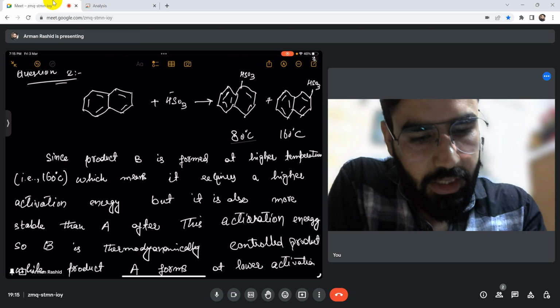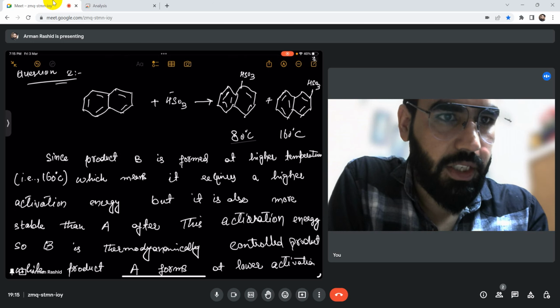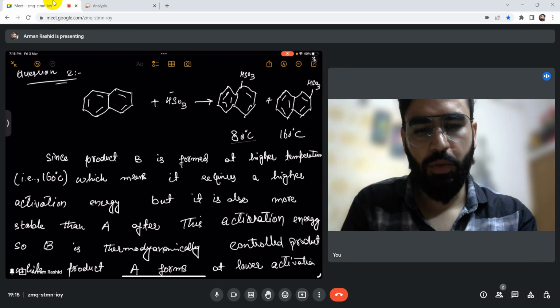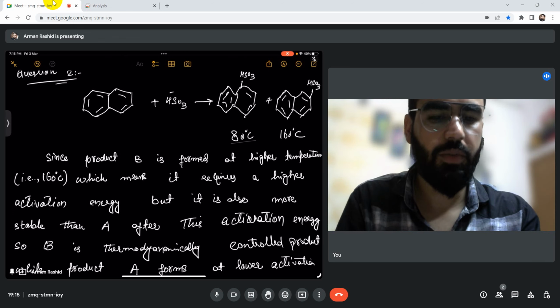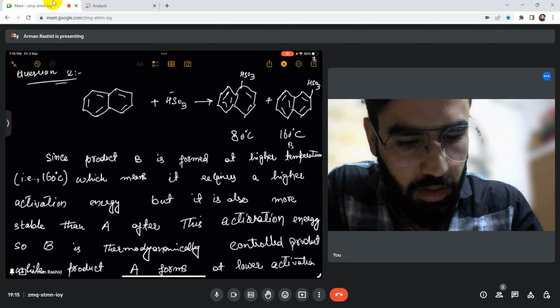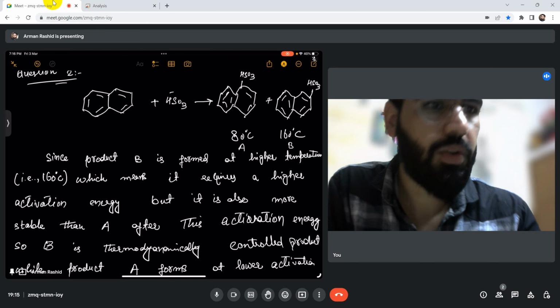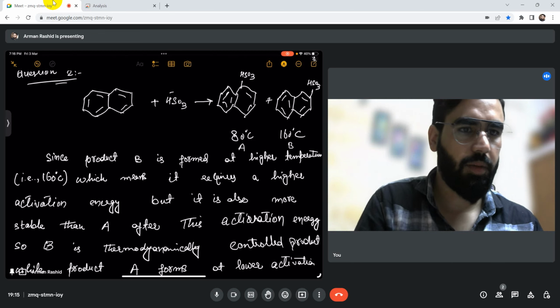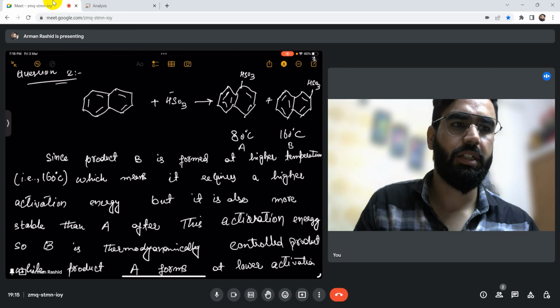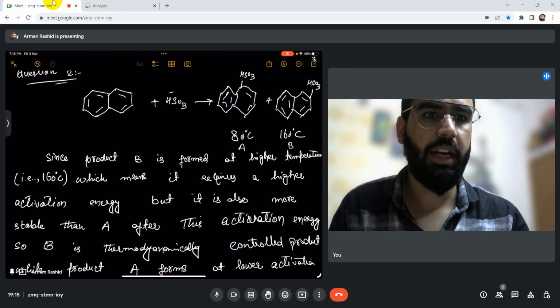Now we know that this is only formed at 160 degrees Celsius, so it requires higher activation energy, but it is also more stable as compared to this. As a result, we can say that B is a thermodynamically controlled product. But since A forms at lower activation energy, it is a kinetically controlled product.